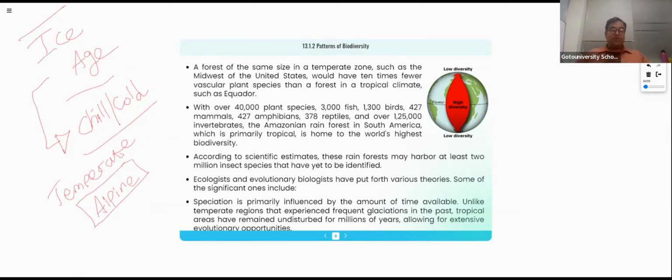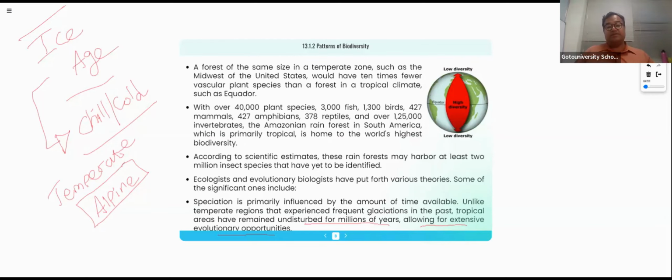Now, entering into the next basic message in the biodiversity area: the tropical area remains undisturbed for millions of years, allowing for extensive evolutionary boundaries.